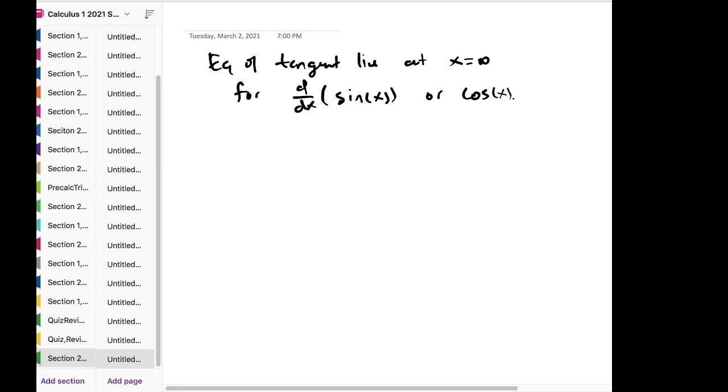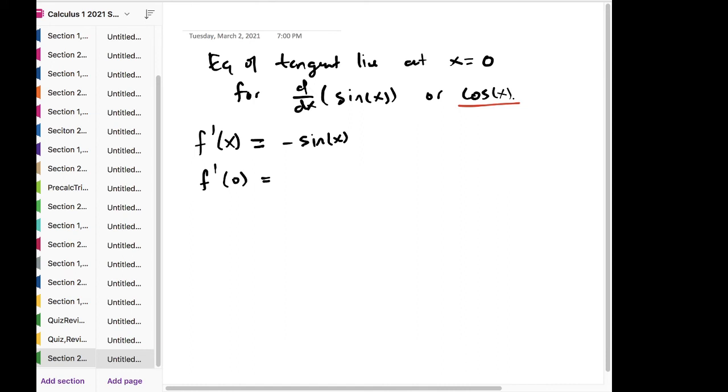Okay, and the reason why I'm saying this way. So what's the derivative? So I'm looking at cosine now. Negative sine. What's f prime of 0? Zero.